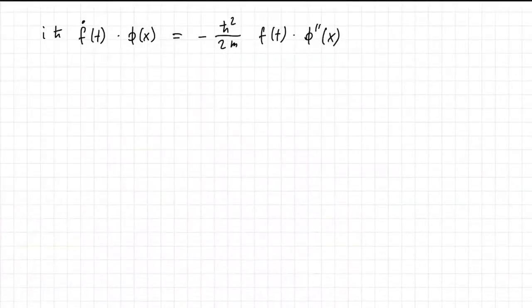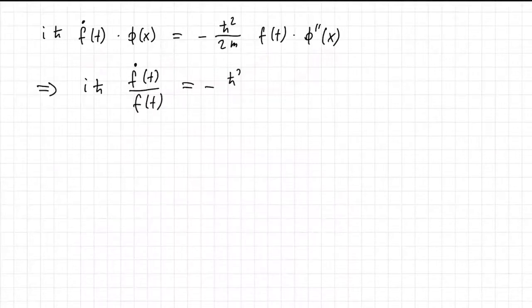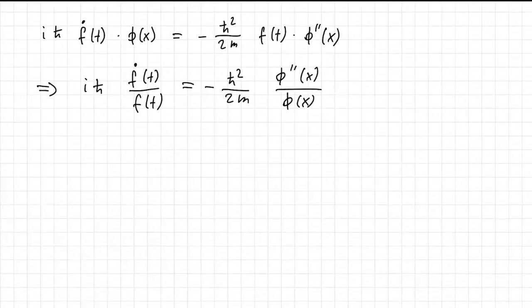We will divide this equation by f and phi, putting f on one side and phi on the other, arriving at i h bar f dot of t divided by f of t equals minus h bar squared divided by 2m times phi double prime of x divided by phi of x. You might ask if we're actually permitted to do this operation.